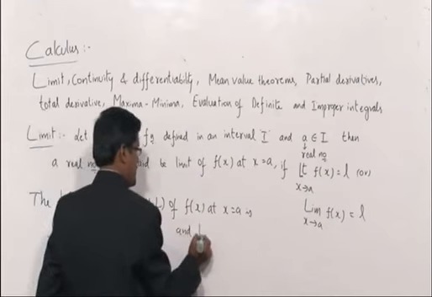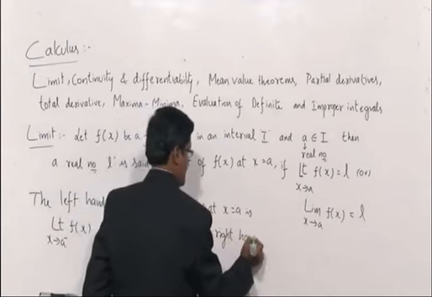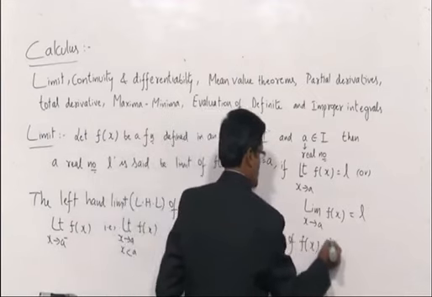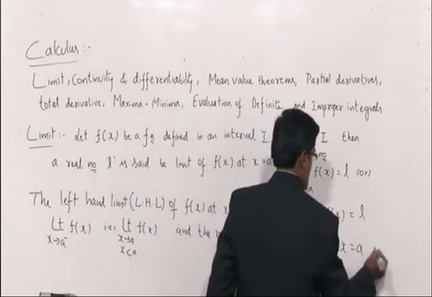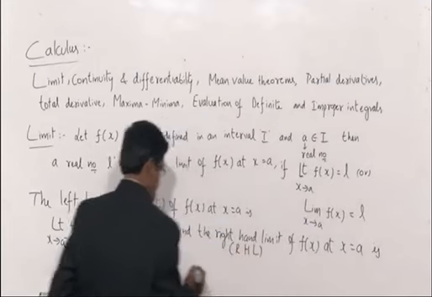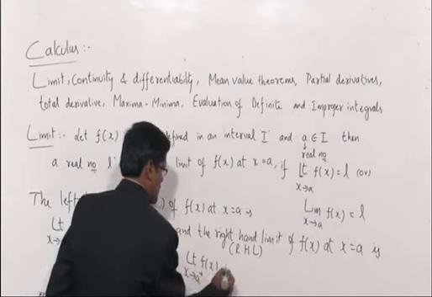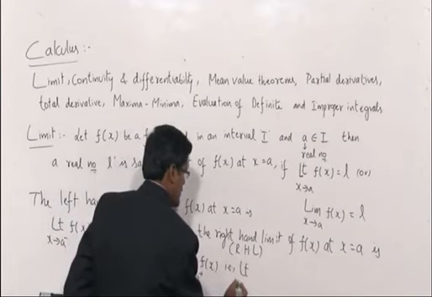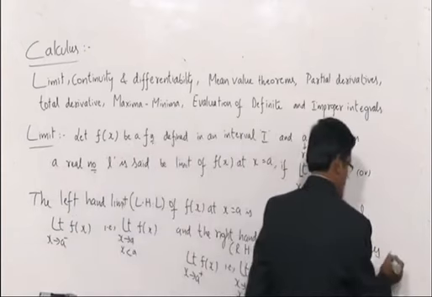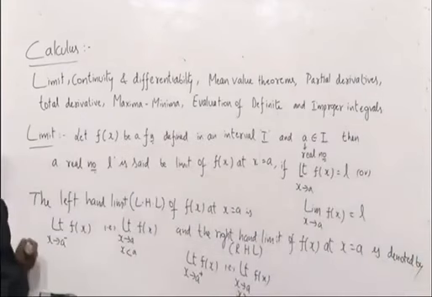And the right hand limit of f(x) at x is equal to a, abbreviated as RHL, is limit x approaches a plus f(x), that is, limit x approaches a, x greater than a, f(x). It is denoted similarly.